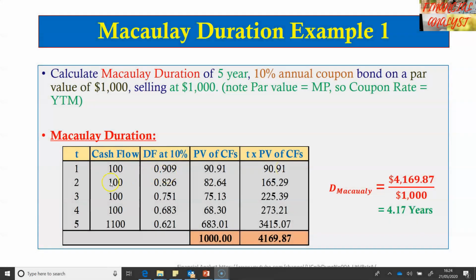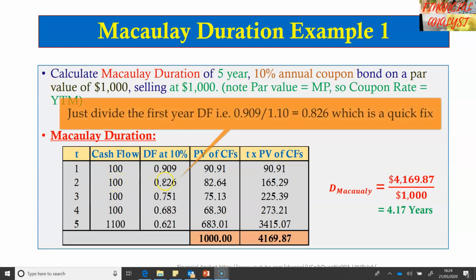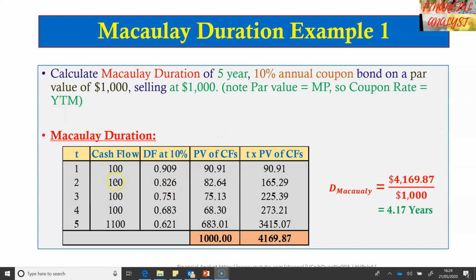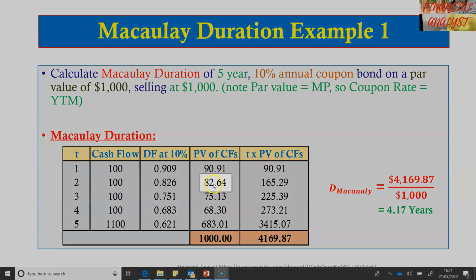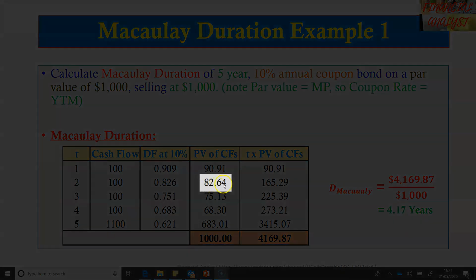In the second year, the bond is paying again $100 coupon, that is interest, and the present value discount factor is 0.826 at 10%. So multiplying this by the cash flow, we get the present value of year 2's coupon payment, that is 82.64.